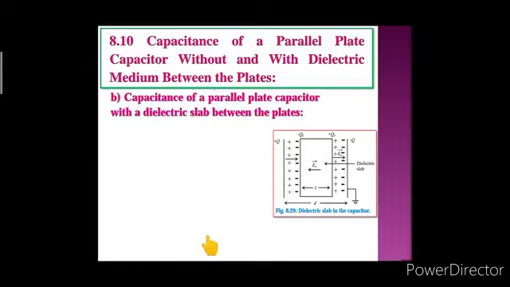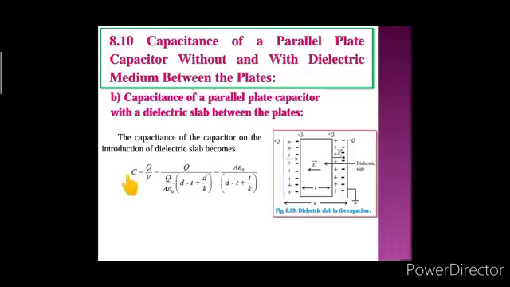plus t upon K). Then the capacitance of the capacitor on the introduction of the dielectric slab becomes C is equal to Q upon V. As per the definition, we can give the value of the capacitance of the capacitor when this dielectric slab is introduced between these two parallel metal plates, which is C is equal to Q upon V. So it is to be written as Q upon, as we had determined the value, q upon A epsilon naught into (d minus t plus t upon K).